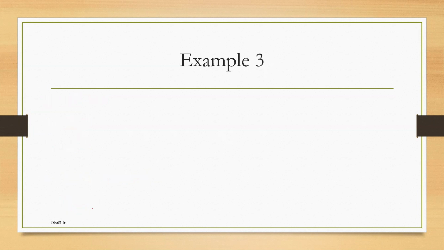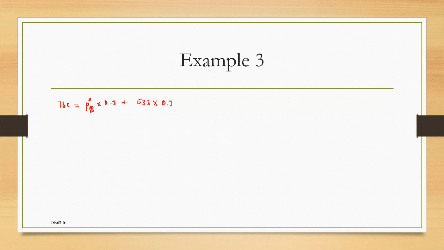All right. Therefore, we get 760, which is the total pressure, is equal to P naught B, which is unknown, into XB, that is 0.3, plus P naught T, which is 533 millimeters of mercury, into 0.7.